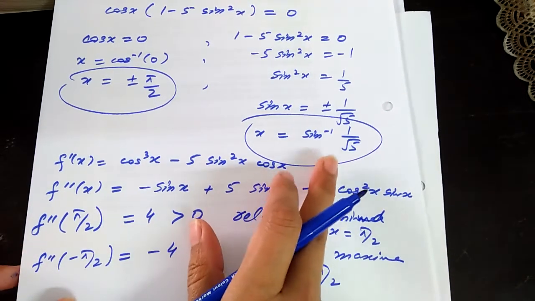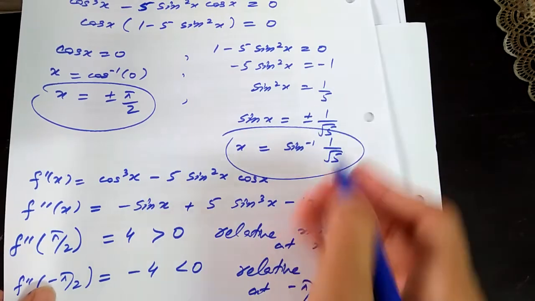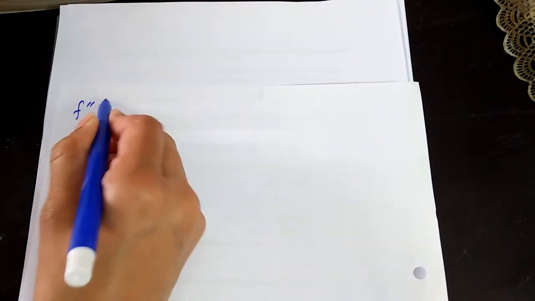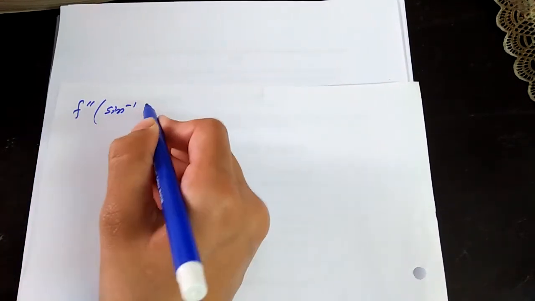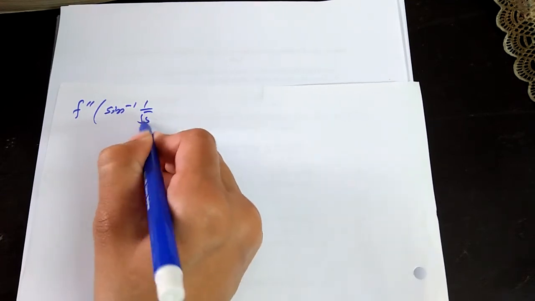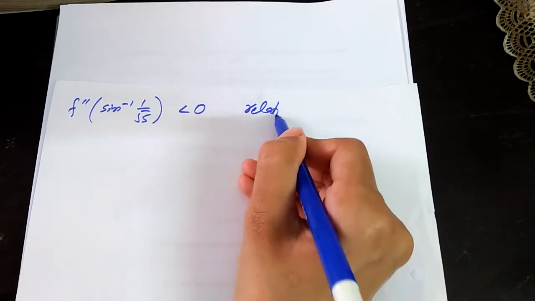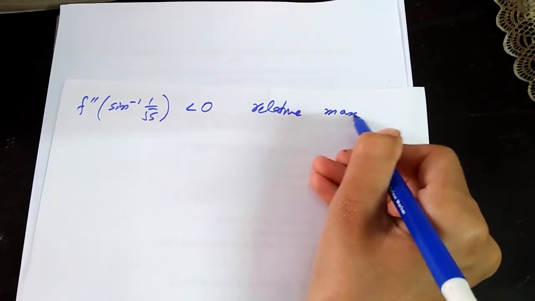Now we need to put the second point, that is we have here plus minus as well. So first of all for plus and then for minus. So f double dash of sine inverse 1 over under root 5 will be less than 0. So we have here relative maxima.